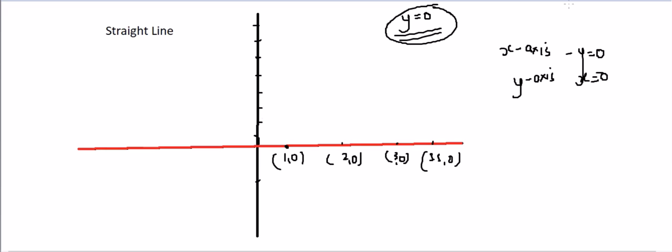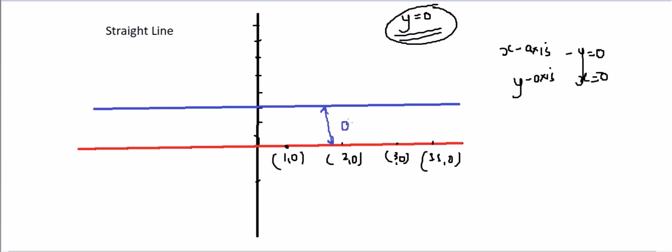Equation of a line parallel to x-axis at a distance a from it, which means equation of a line parallel to x-axis. This is parallel to x-axis and which is at a distance of a. The distance between both is a. So the equation will be y equals a. Why the equation is y equals a?